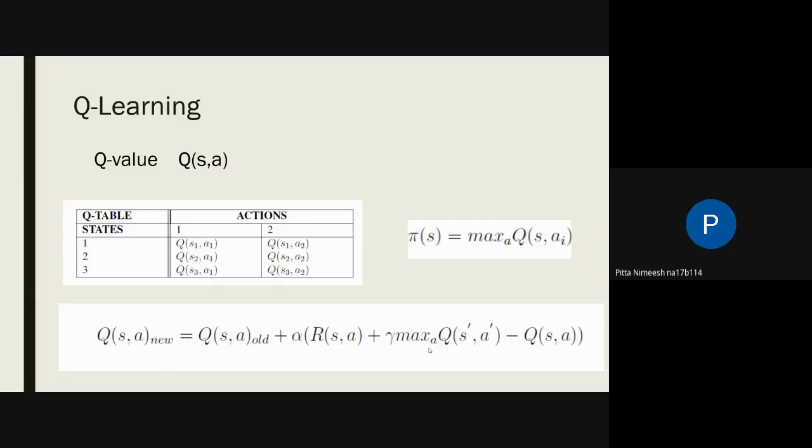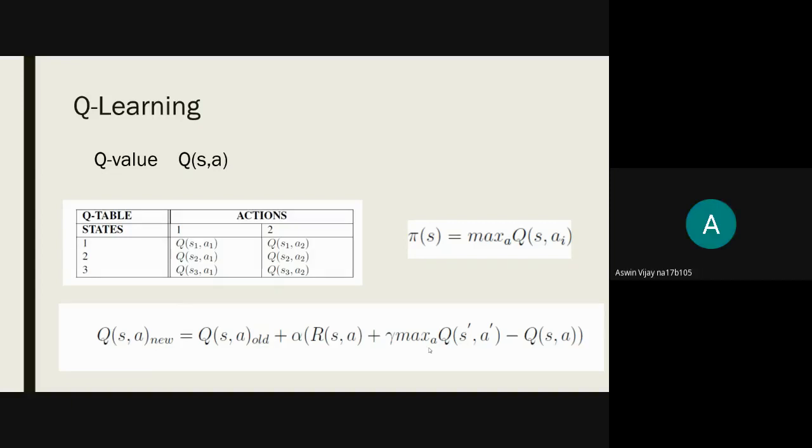So what would Q of S comma A be? For which action will that be, and for which state? You have to calculate it for all the actions and choose the maximum value. So for every action, the max term will be the same? No, depending on which state you are in, the max term will not be the same. The transition is from S to S dash, and that can happen under any of the actions.